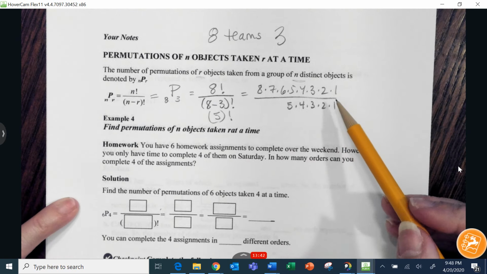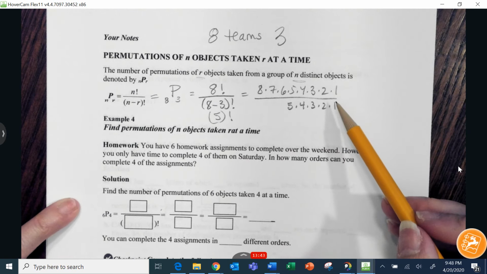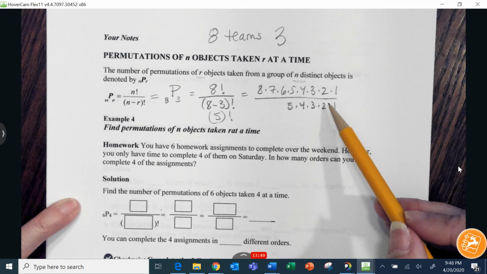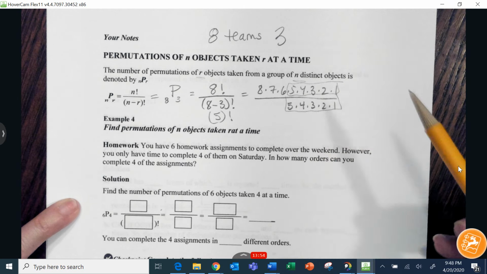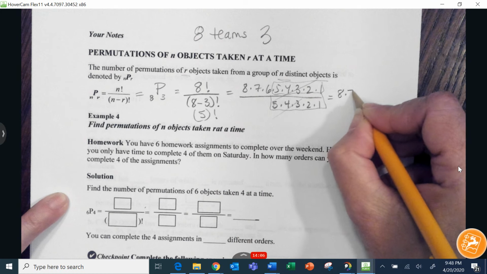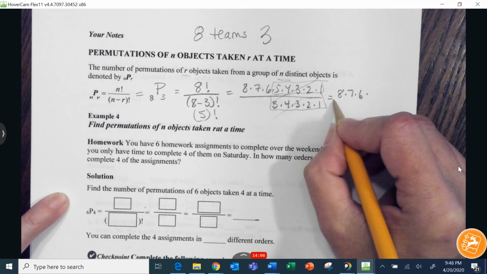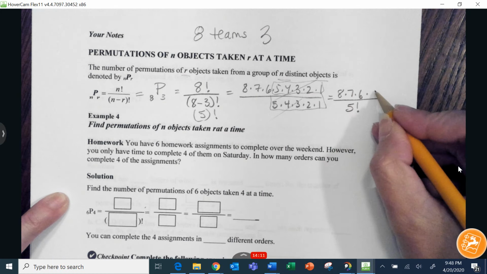When we talk about canceling, like back in Algebra 1, you're allowed to cancel if things are factors, if they are multiplied. You'll notice that on top we have 5, 4, 3, 2, 1, and on the bottom we also have 5, 4, 3, 2, 1. So these will cancel. As a shortcut, when I have 8 factorial, I can start writing the numbers out, 8 times 7 times 6, until the last number is the number on the other side of the fraction, 5 factorial.